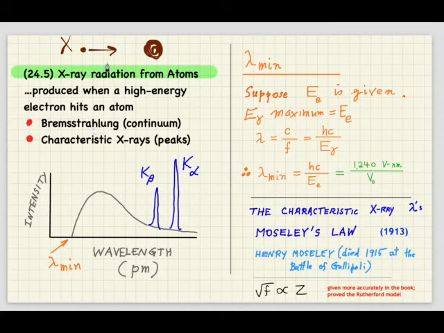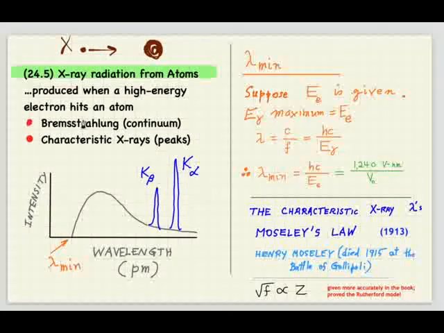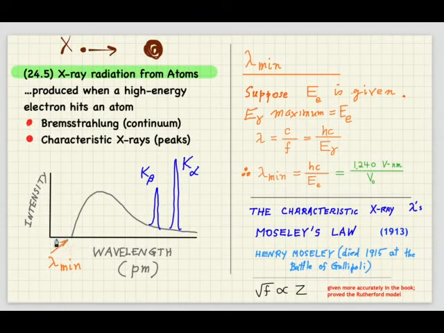And the interesting fact there is there's a minimum wavelength that can be produced. Remember, low wavelengths correspond to high energies, high frequencies. So it's kind of a maximum frequency that can be produced by Bremsstrahlung.